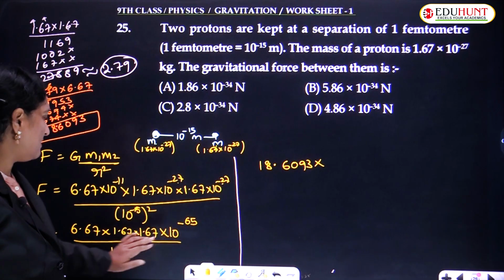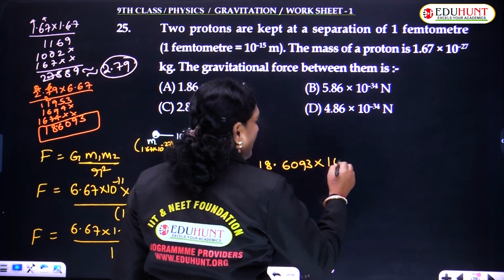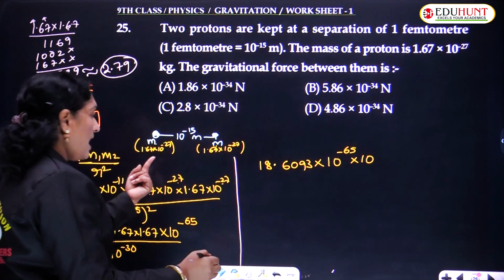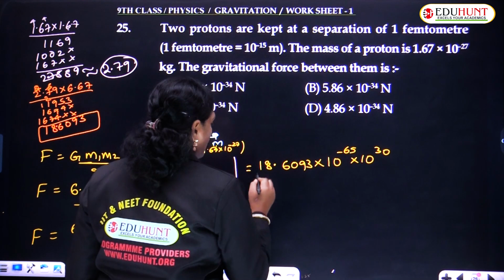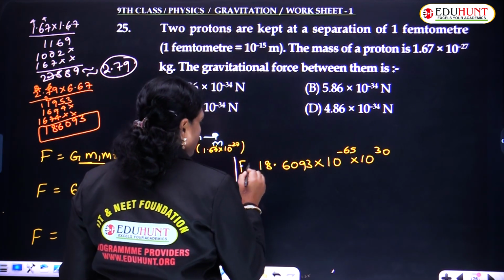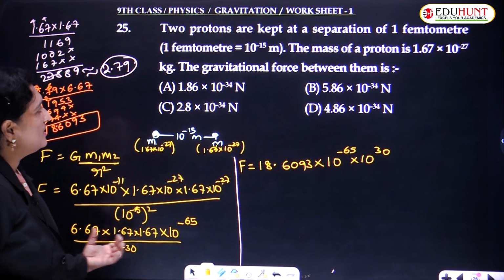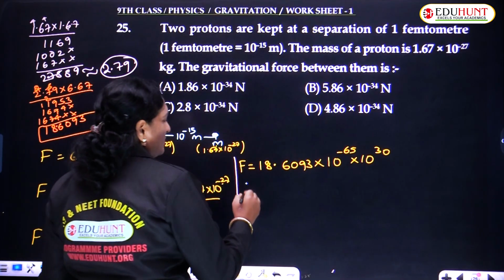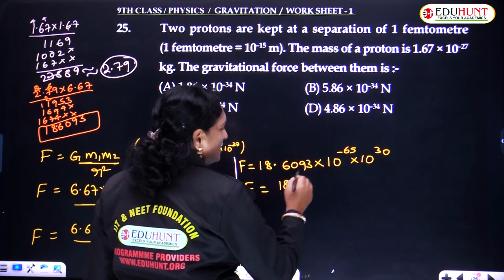10 power minus 65, and you bring this 10 power minus 30. In the numerator you have minus 65, and after coming from the denominator, minus 30 will become plus 30. So the value of F is the force of repulsion between these two protons, because same charges repel each other. So the force acting between these is given as 18.6093.